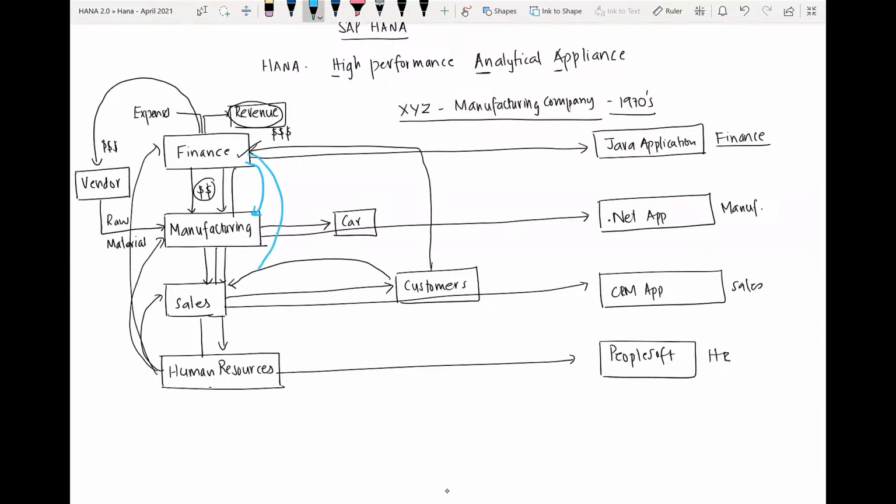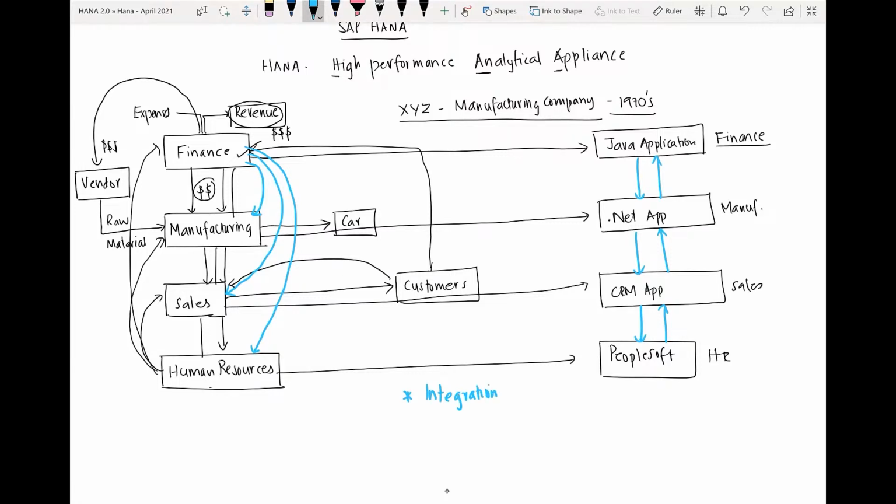The data from finance has been fed to sales, and the data has gone to the other departments, because now these are all individual applications. In those days, you had to manually make the integration or the interaction between these systems. So what was becoming a big challenge is integration.